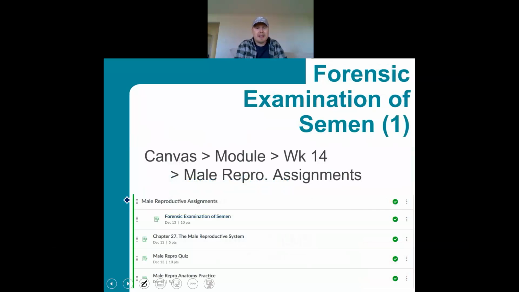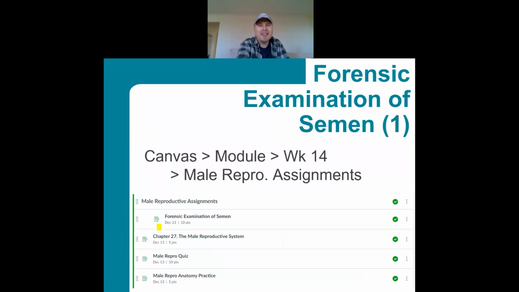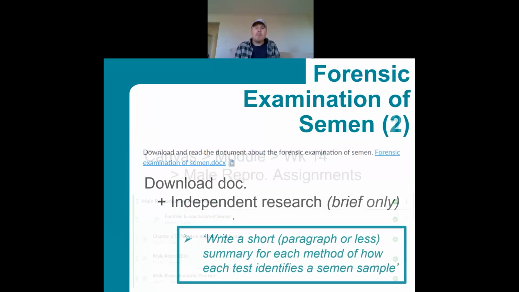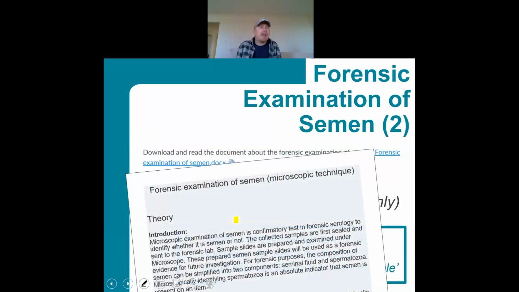So you'll notice that under the assignments, there is a forensic examination of semen assignment to do. And once you click on that, you will find that it opens a text description where you have a document that you can download, and that document talks quite a bit about theory, basics, and what goes on in terms of the forensic applications, how we can figure out things about semen.